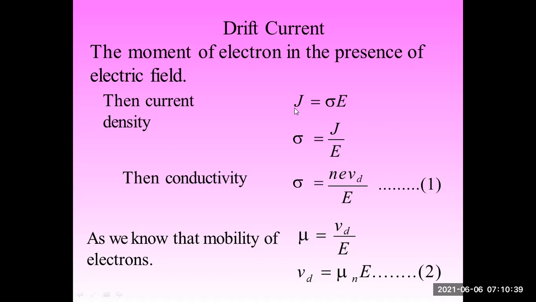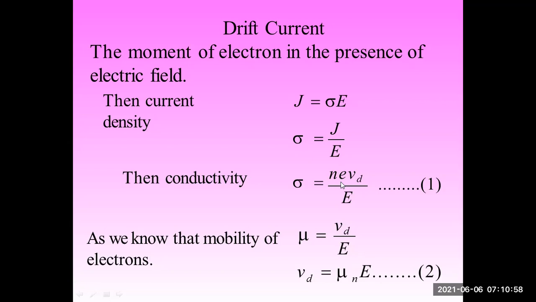Here J is the current density, sigma is the conductivity, and E is the electric field. The conductivity, denoted by sigma, is equal to J by E. Now, what is J actually?